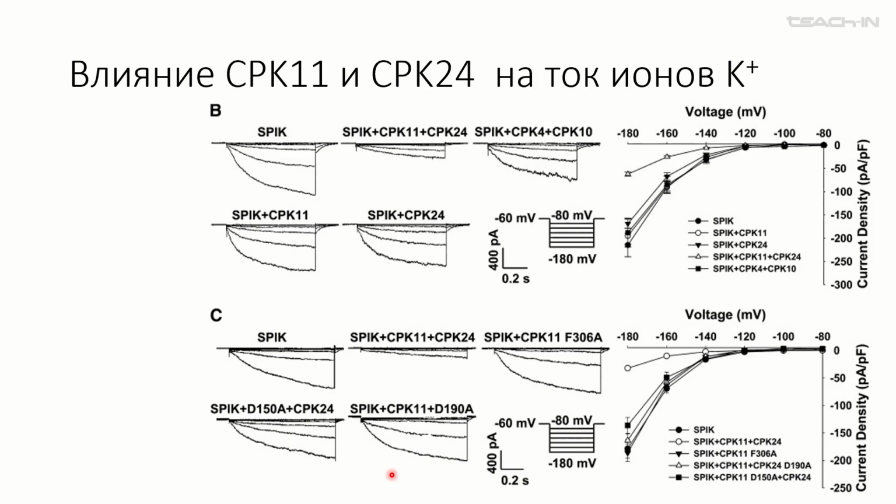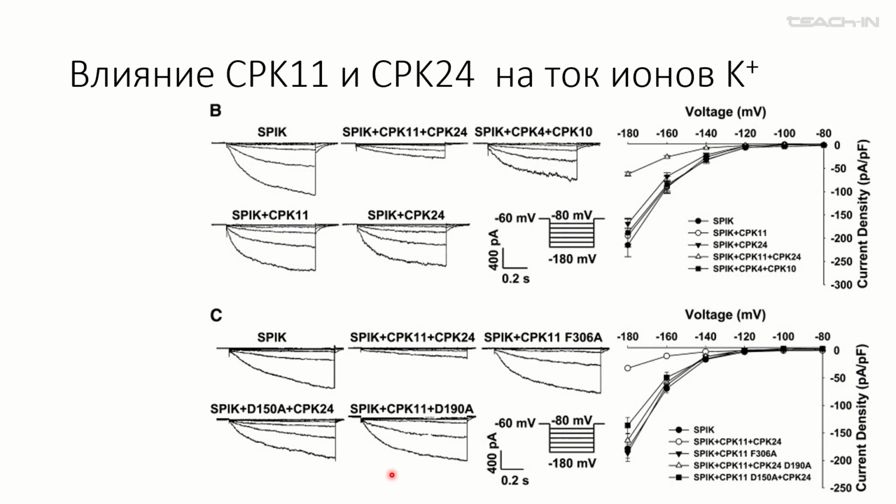Следующий у нас D190A. D это аспарагин. Опять меняется, положительно заряженная аминокислота на нейтрально заряженную гидрофобную аминокислоту. И мы видим сразу, что у нас перестает работать регуляция.